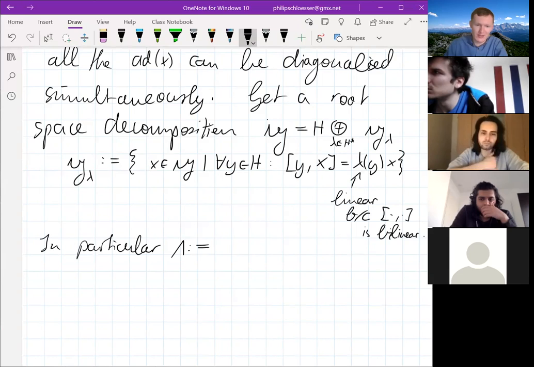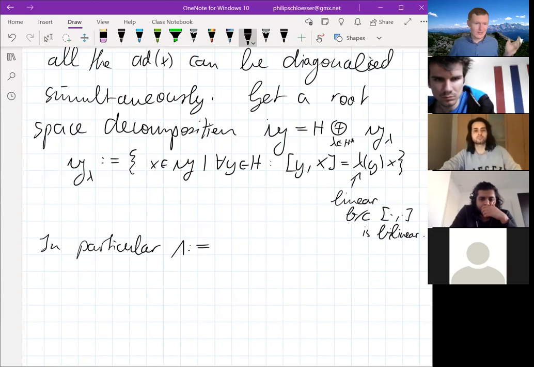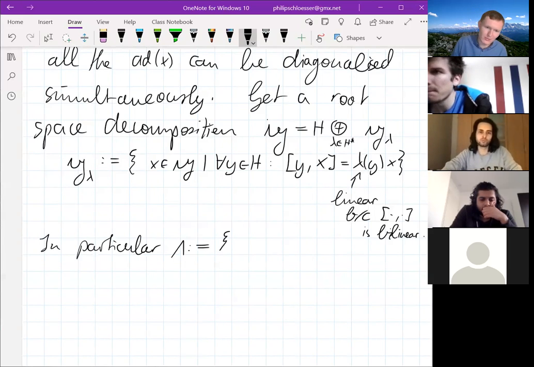Just because you have a finite dimensional vector space and you only have finitely many roots, just as when you diagonalize one matrix, you only have finitely many eigenvalues. So we call the collection of all of those roots the roots.